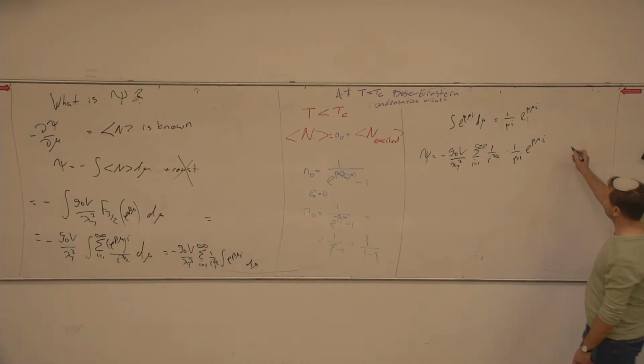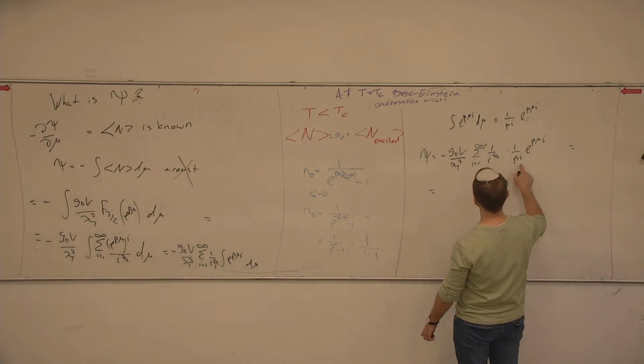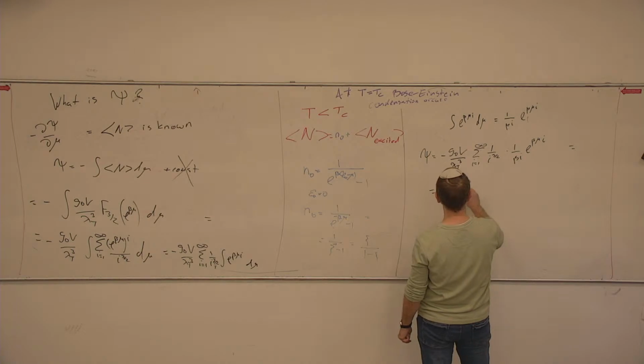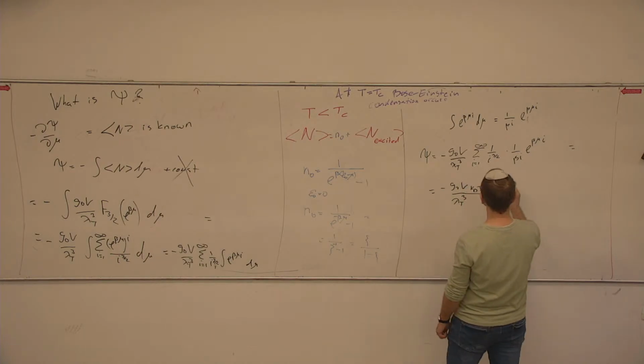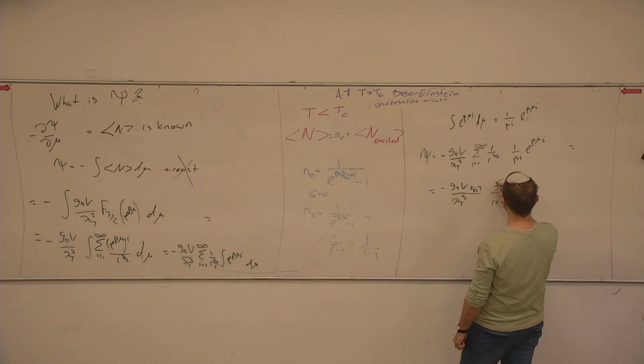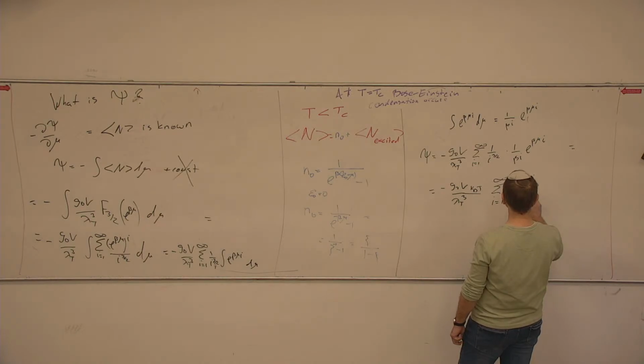That's it. So we take beta out. So g0v lambda t to the third power k Boltzmann t, summation i goes from 1 to infinity e to the power beta mu i divided by i to the power 3/2 plus 1, so it's 5/2.